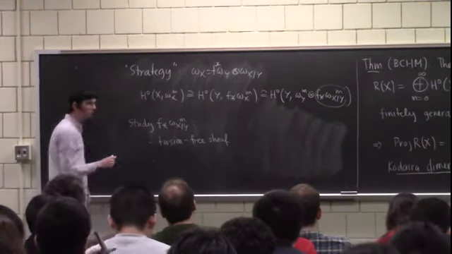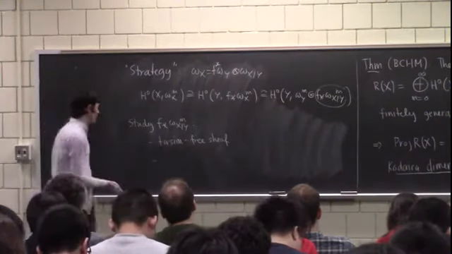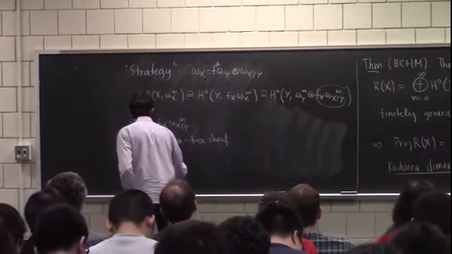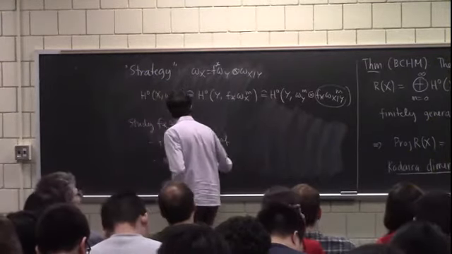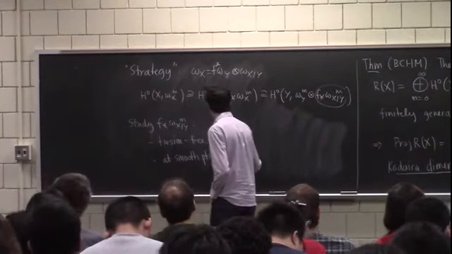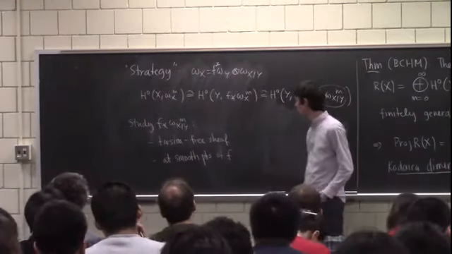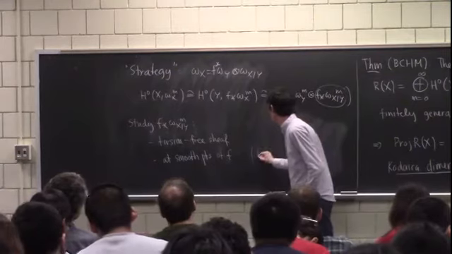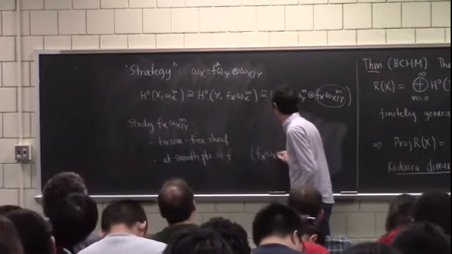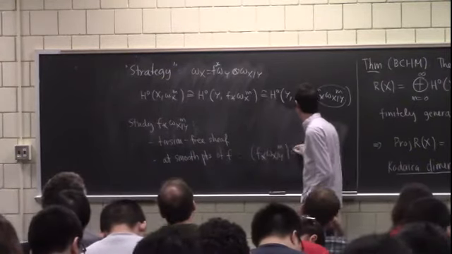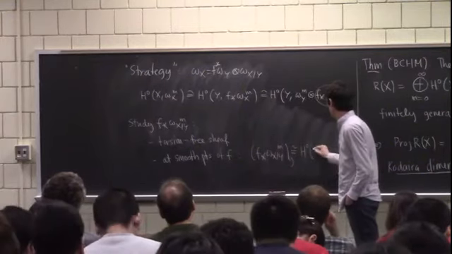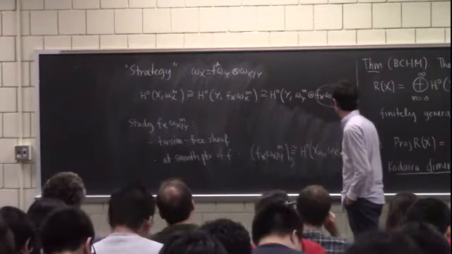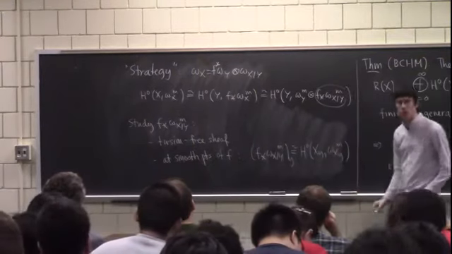It is locally free at the places where the map is smooth. So at points y where the morphism f is smooth, the fiber of this sheaf at y is just the space of pluricanonical forms of the fiber.